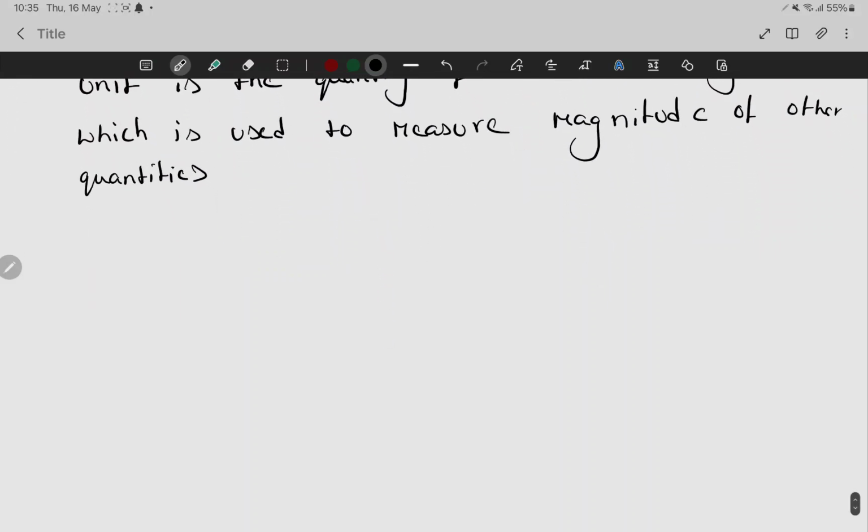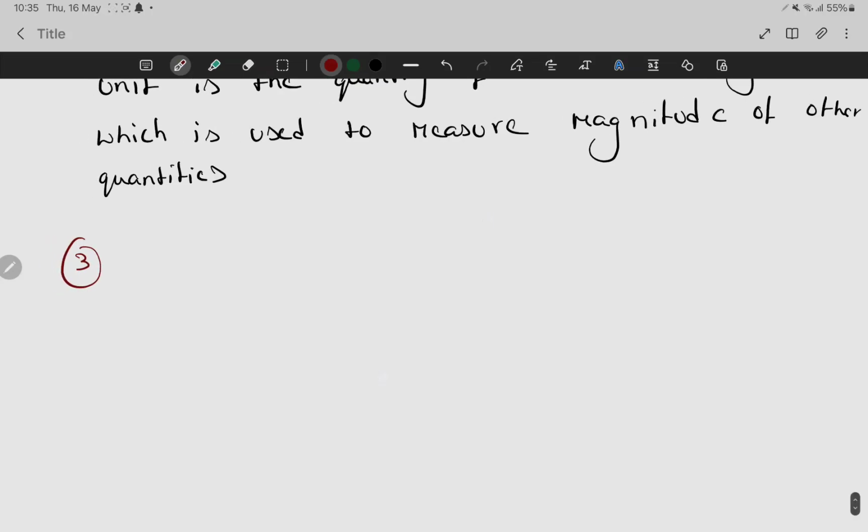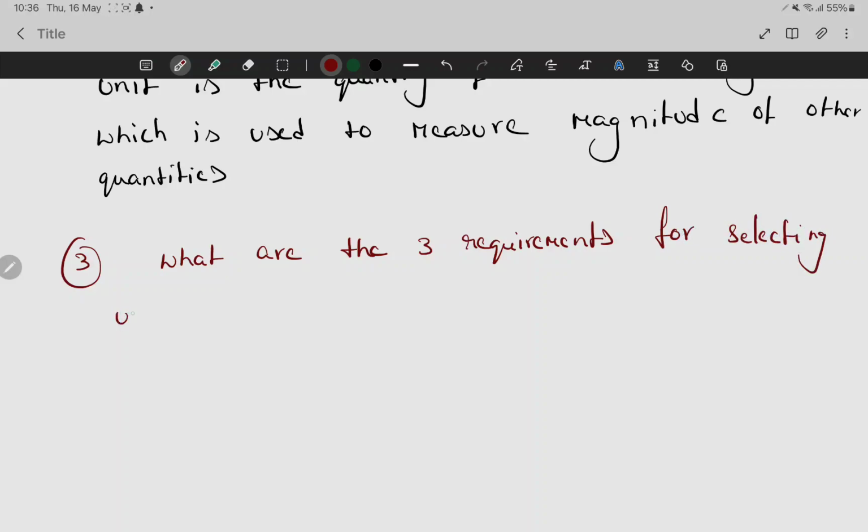Next, the third question. What are the 3 requirements for selecting a unit of a physical quantity?